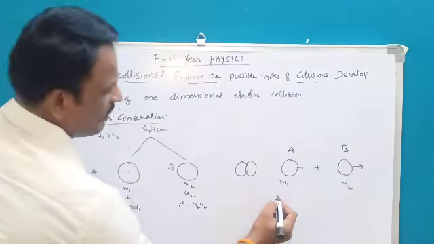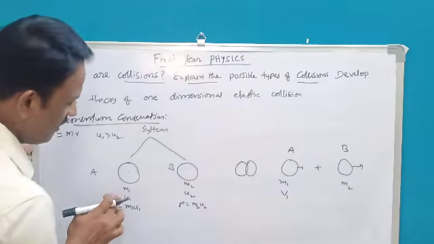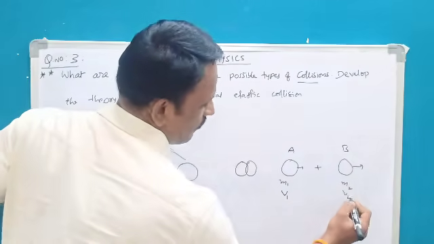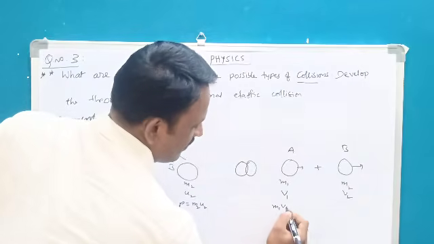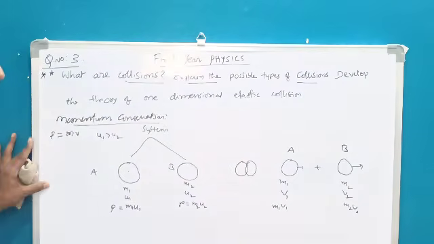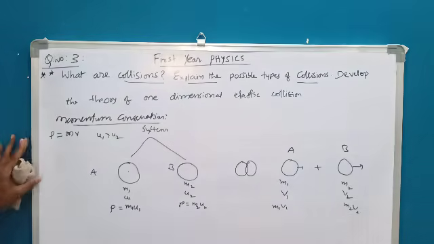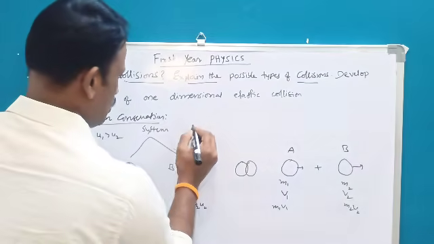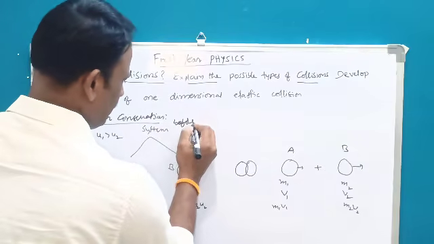But their velocities will change. Therefore, initial velocity of first object is u1. Now final velocity is v1. Here v2. Now the momentum here is m1 v1, m2 v2 because the product of mass and velocity gives you momentum. Right. So here this is collision part. So this is what before collision thing.